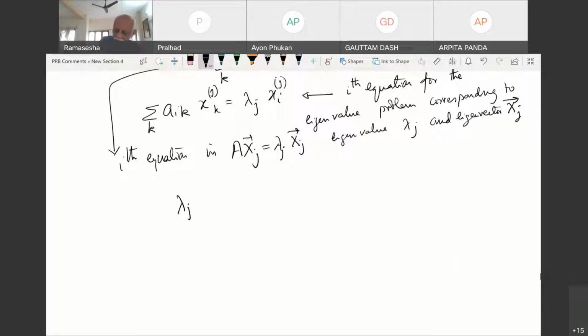Lambda j xji is equal to Pij times lambda j, because xji, the definition of the Pij element is the ith component of the eigenvector xj.